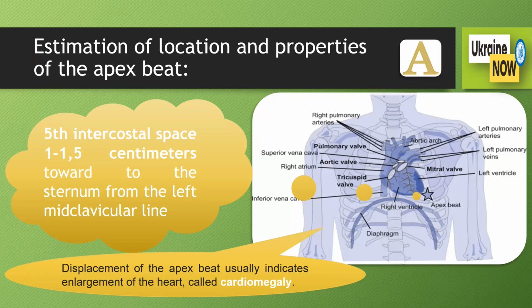A normal apex beat is found in the fifth intercostal space, 1 or 1.5 centimeters medially to the left midclavicular line. The displacement of the apex beat usually indicates enlargement of the heart, which is called cardiomegaly.